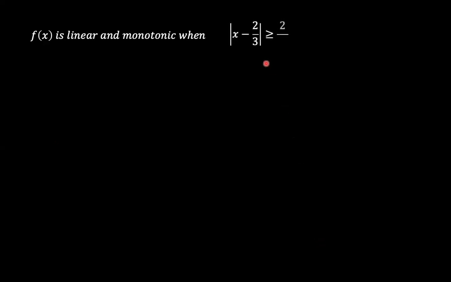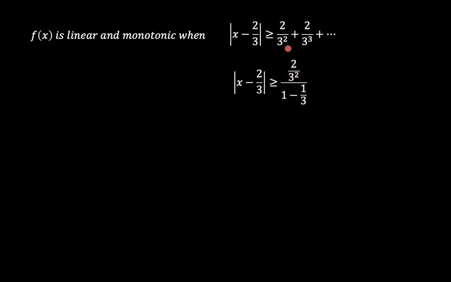Now, the other thing that is worth noting is that f(x) is linear and monotonic. That means that we have a simple line that is either increasing or decreasing when this initial absolute term, |x - 2/3|, is greater than all things that have been extracted from it. And therefore, that means that |x - 2/3| is greater than 2/3 squared.